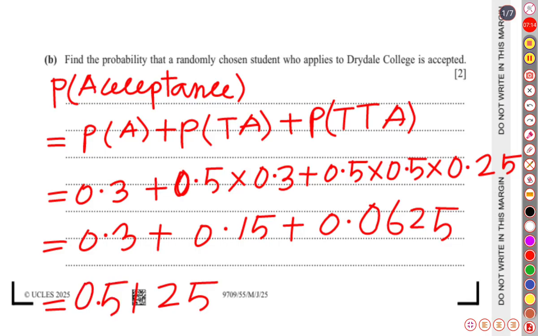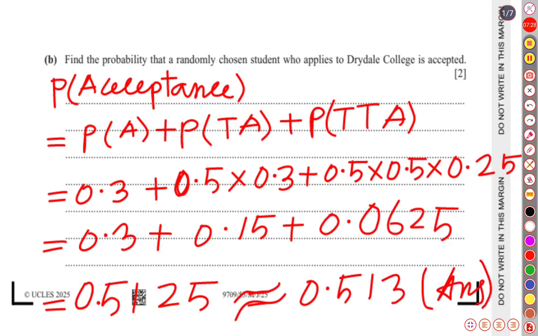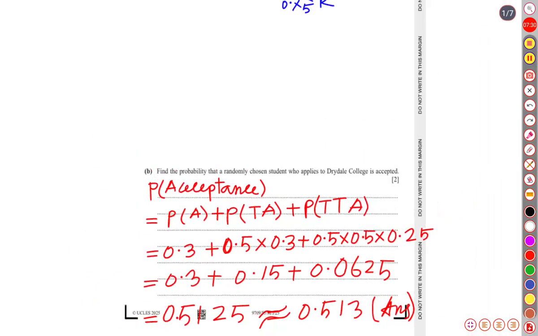If we round it to three significant figures, it is 0.513. This is the probability for the second question.